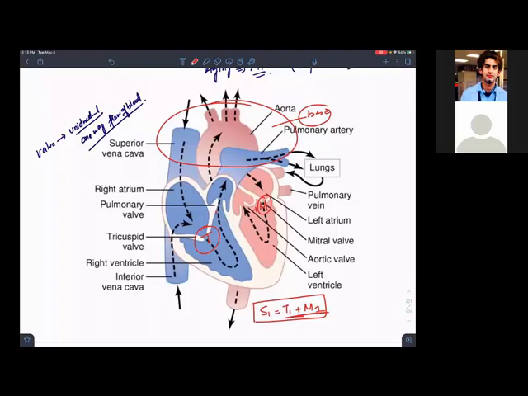Now, once you are respirating, see, what is inspiration? Expiration. In inspiration, you are expanding your chest. You are expanding your thoracic cavity so that your lungs can get filled with air, atmospheric air.